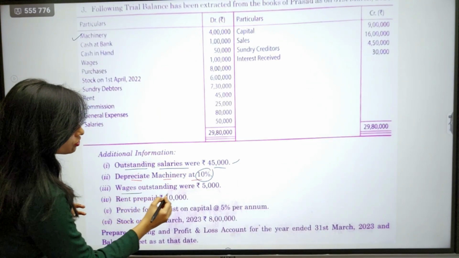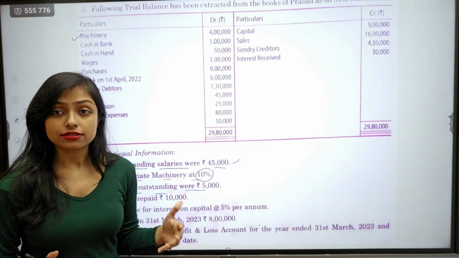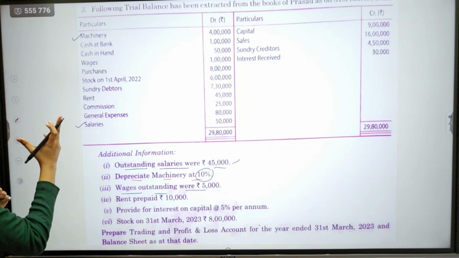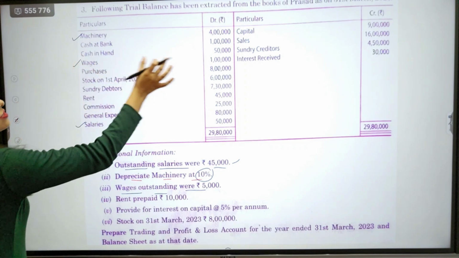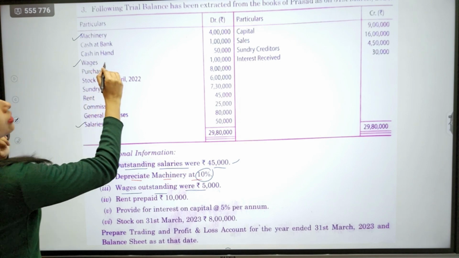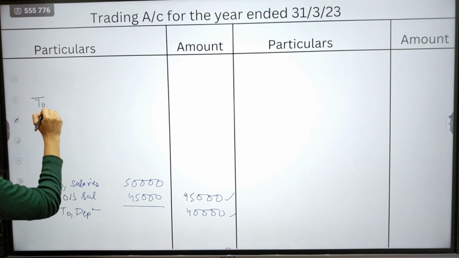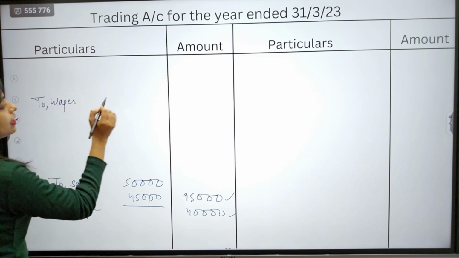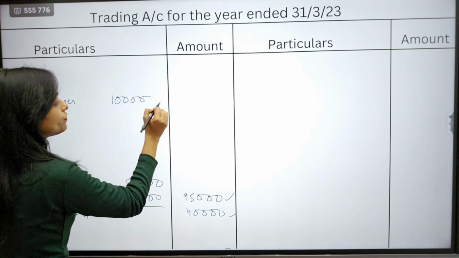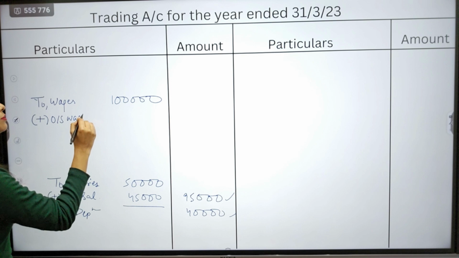So wages outstanding were 5,000 rupees. Where do we write wages? We write wages in the trading account because this is directly affecting our production process. Wages is 1 lakh rupees that we have paid, so we are going to write here to wages 1 lakh rupees. Though we have already paid this, some more amount we should have paid because this belongs to this year.